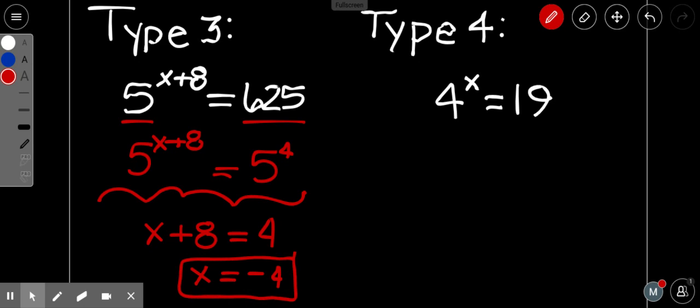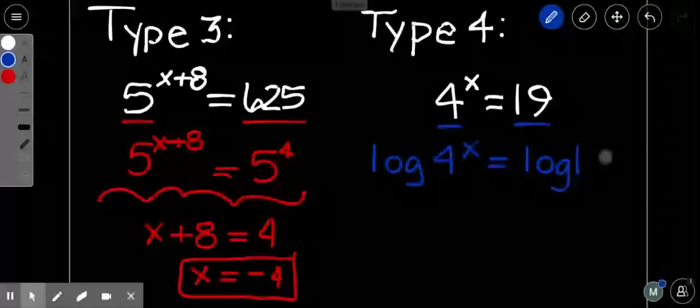Now, the last type that we have learned about, and that is what we have in type 4, is where we have two bases, but the two bases are not in the same factor family. So what we learned to do was we are going to take the log of both sides. So we'll have log of 4 to the x equals the log of 19.